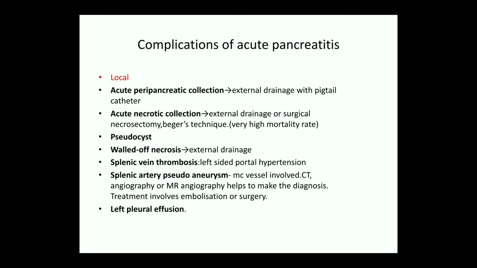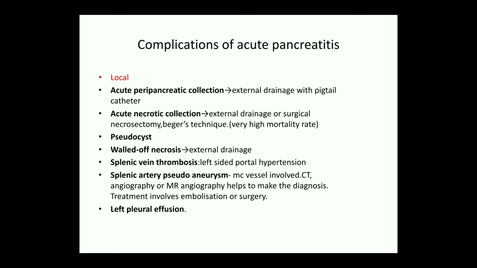So acute peripancreatic collection can be managed by an external drainage with the pigtail catheter. Acute necrotic collection also by the external drainage or surgical necrosectomy, like surgically removing the necrosis area.